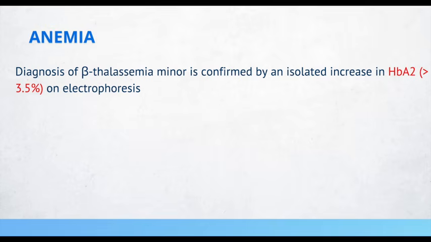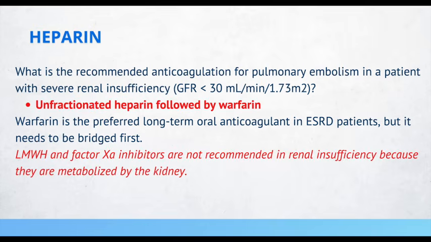What is the recommended anticoagulation for a pulmonary embolism in a patient with severe renal insufficiency? Unfractionated heparin followed by warfarin. Recall that low molecular weight heparin and factor Xa inhibitors are not recommended in renal insufficiency because they are metabolized by the kidneys.